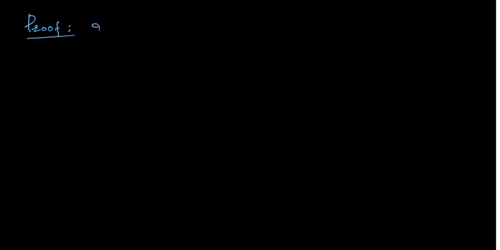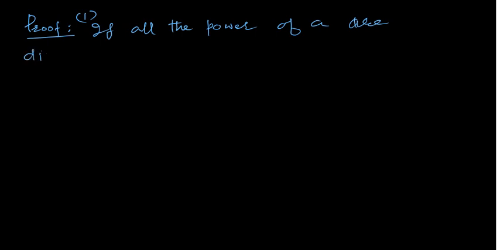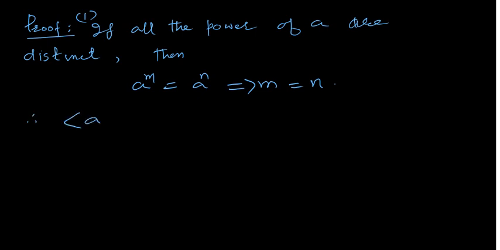If all the powers of A are distinct, then A power m is equal to A power n implies that m should be equal to n. So therefore in this case the monogenic semigroup generated by A is an infinite set, A, A square, and so on and so forth.